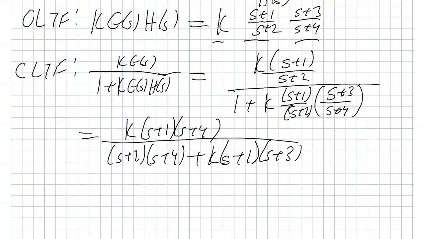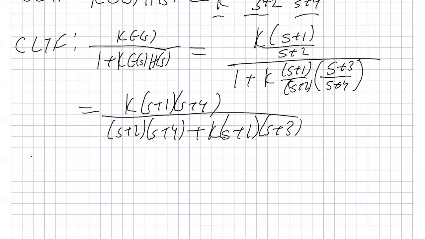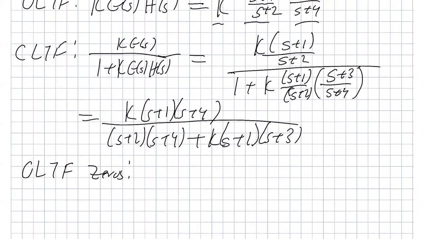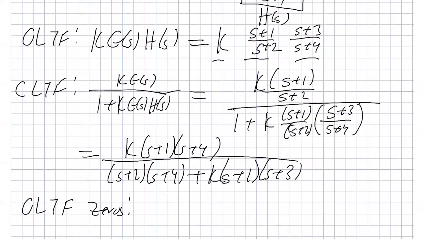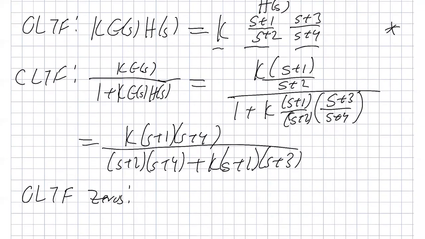The goal here is to compare the open loop transfer function poles and zeros to the closed loop transfer function poles and zeros. Start with our open loop transfer function zeros. We have two zeros in the numerator, -1 and -3.